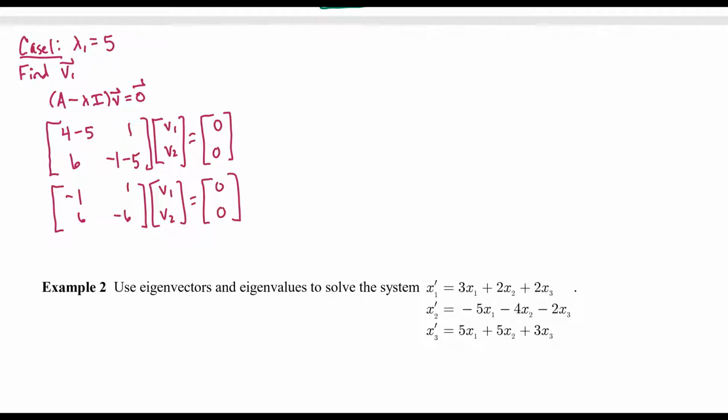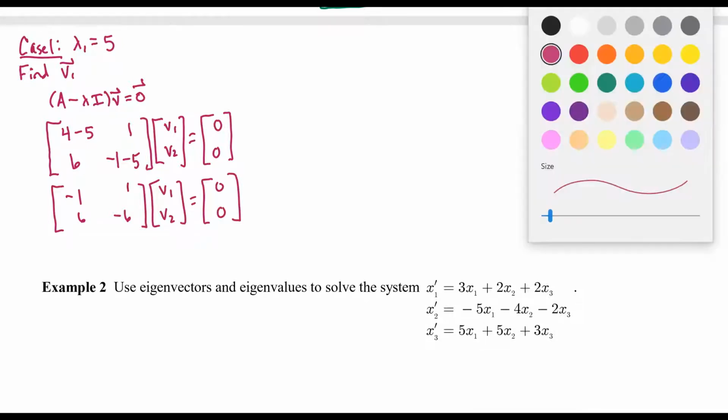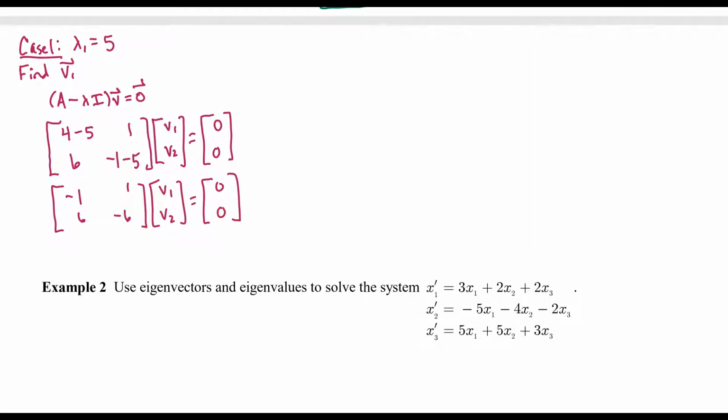Notice on the left side we're multiplying two matrices, and we've discussed this in previous videos, but we have a 2 by 2 matrix times a 2 by 1 column vector. So the middle two dimensions match, and the result is going to be a 2 by 1 column vector like what we have over here on the right side. So let's go ahead and multiply those matrices together so that you can see what the result looks like.